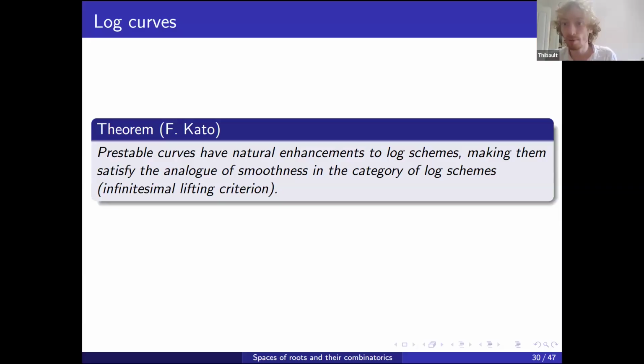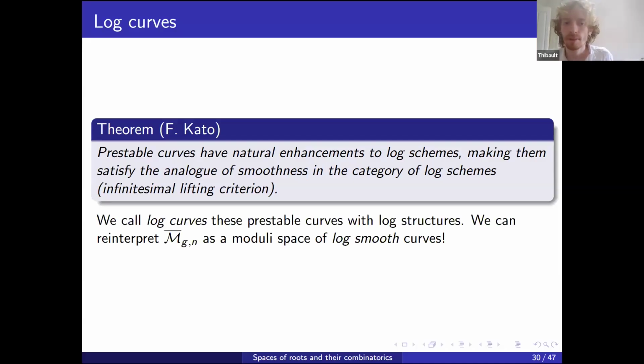But in the category of log schemes, you write down the exact same categorical criterion, and now it looks like the pre-stable curve is smooth. So we're going to give a name to these curves with these natural log structures. We're going to call them log curves.